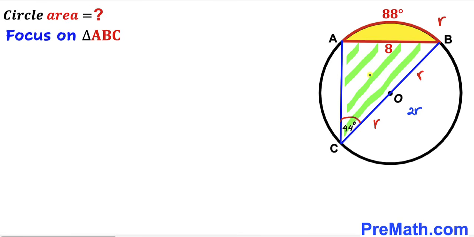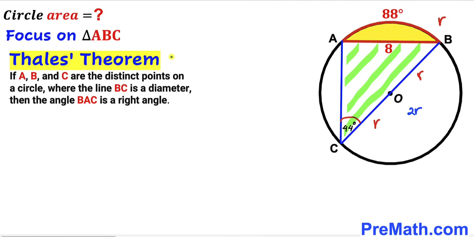Now we are going to focus on this triangle ABC, and let's recall the Thales theorem. According to this theorem, if we have 3 points A, B and C on the very same circle, where the line BC is the diameter, then the angle BAC has got to be a right angle.